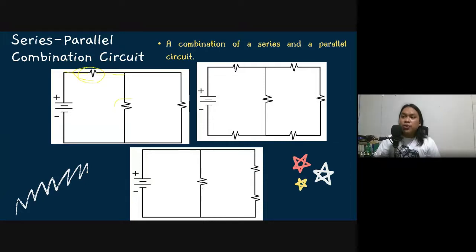But loads number 2 and number 3 are connected across our circuit, so they are considered a parallel circuit, connected in a parallel manner. So it is a combination of the two circuits.